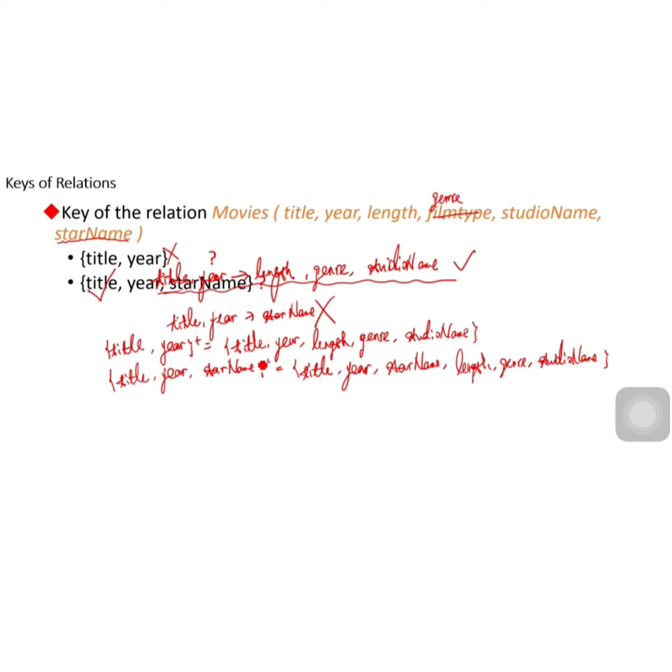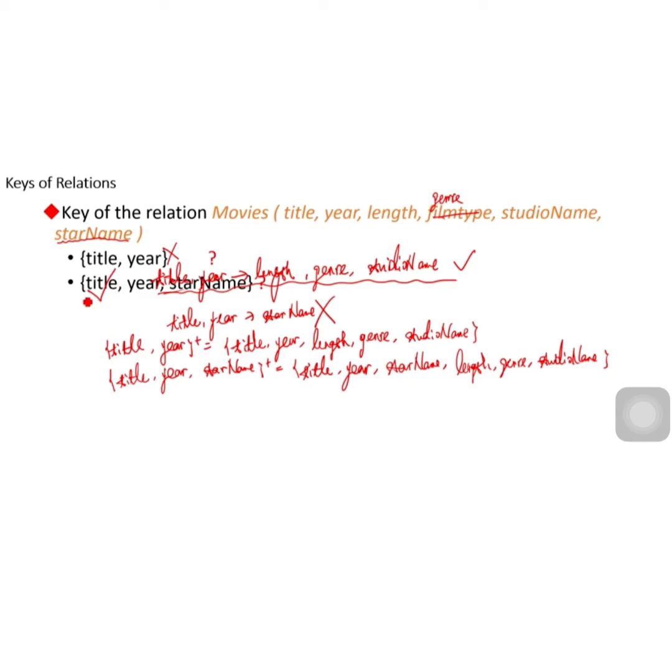Based on this, we know if the closure of a set is the set of all attributes, it means that this set is a superkey. Why is this a key?